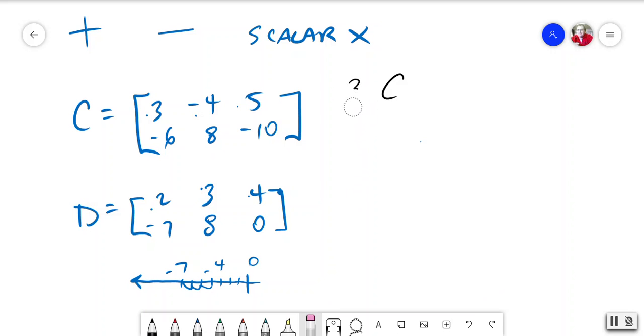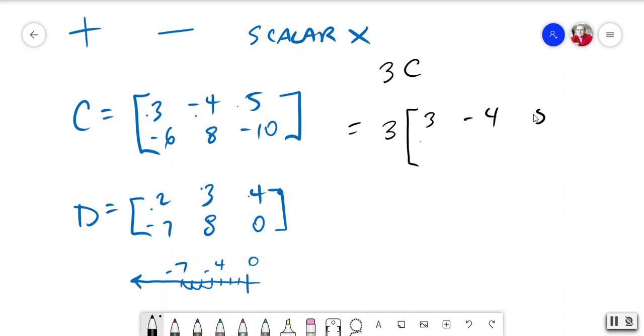So if I want to say 3 times matrix C, I would write 3, and then I would write my entire matrix like that.